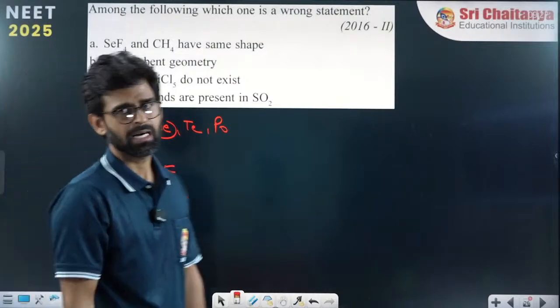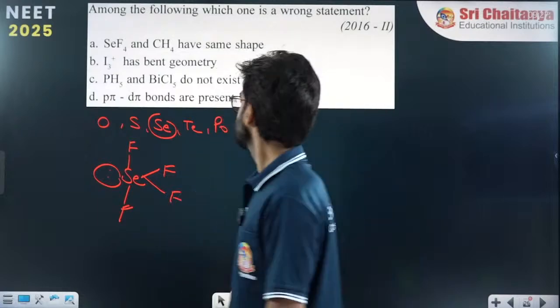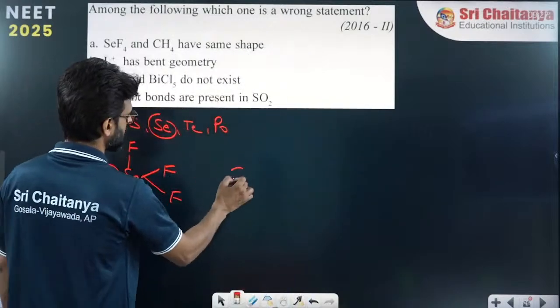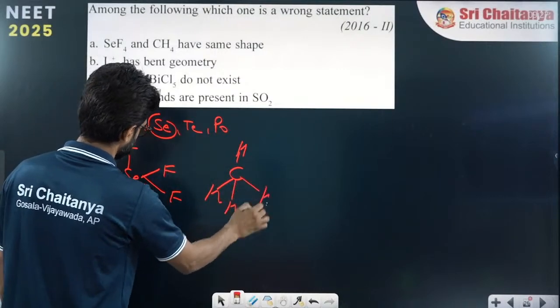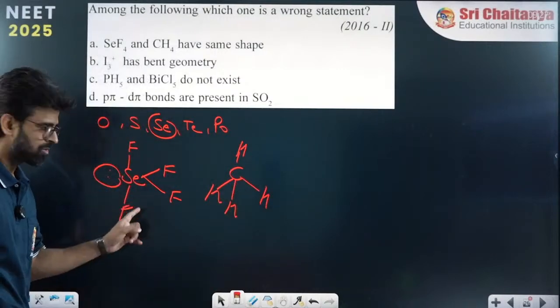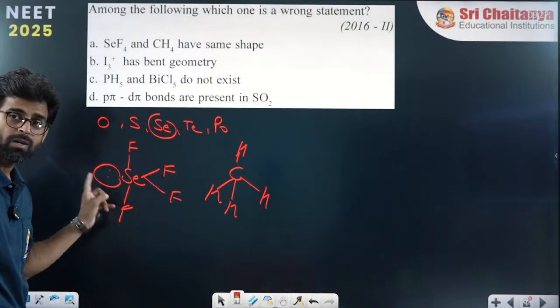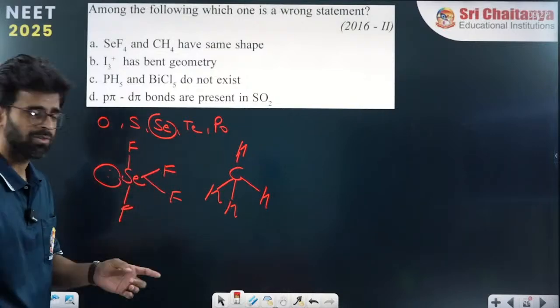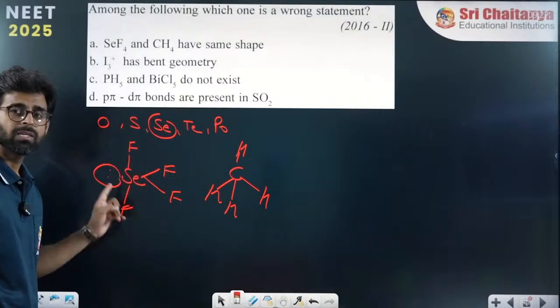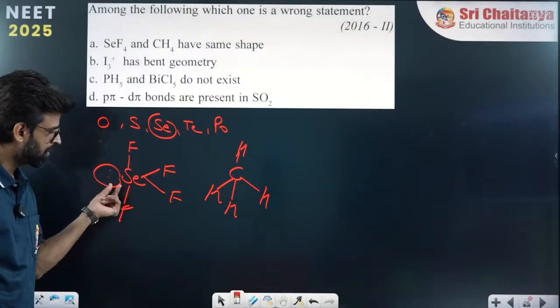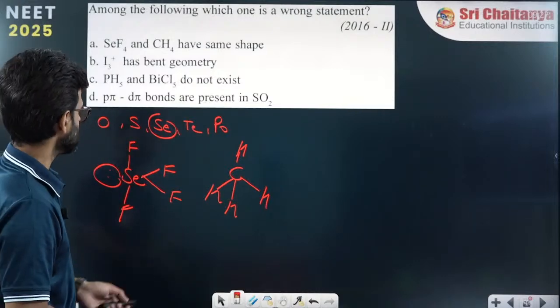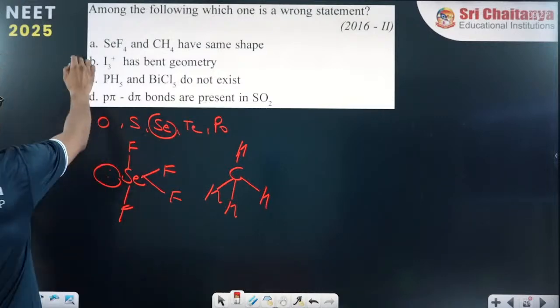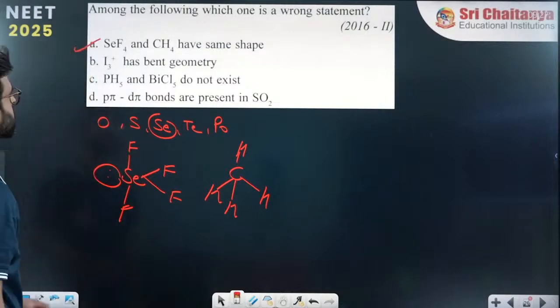It is seesaw. Whereas CH4 has simply a tetrahedral shape. Selenium has 6 valence electrons, 4 used in making bonds, and 2 are still remaining, becoming a lone pair, which makes it seesaw. Good. That is what is wrong. They don't have the same shape.